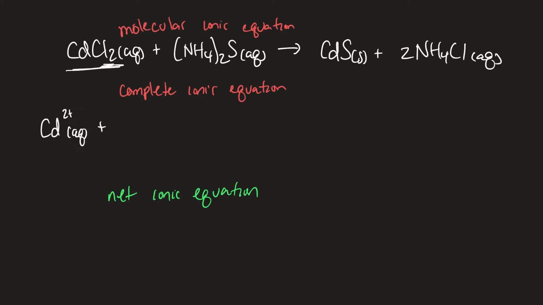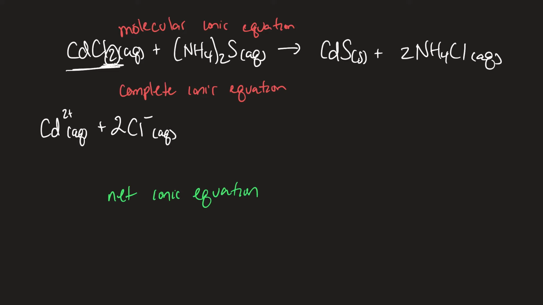Chloride is typically by itself, so it's negative, but how many do we have? We have 2 of them. This is the way you write it. It's different from molecular chlorine, Cl2, which is neutral. When it's chloride, it's always by itself, a -1, and if you have multiples of it, you show that with a coefficient.